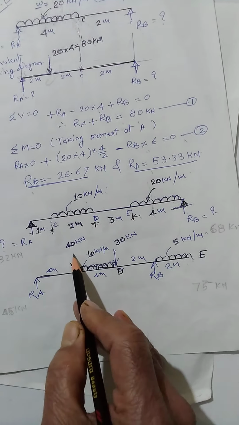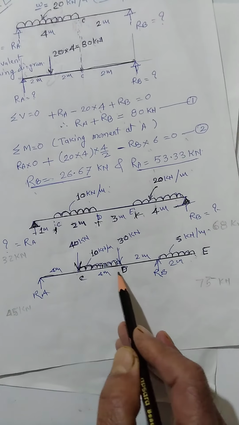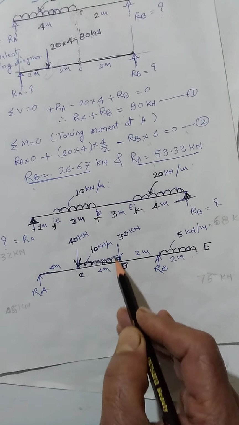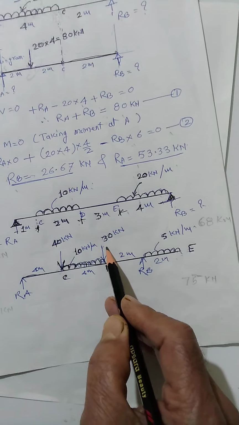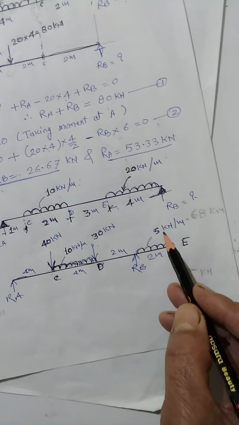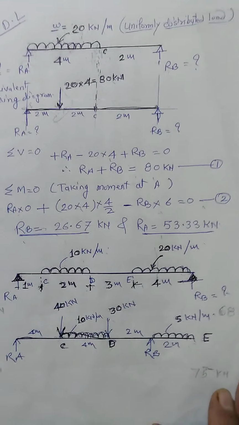At C there is a point load, and a uniformly distributed load between C and D of 10 kilonewton per meter. And again one point load of 30 kilonewton is given. And on the last overhang of 2 meter, 5 kilonewton per meter is given. What do you have to do?